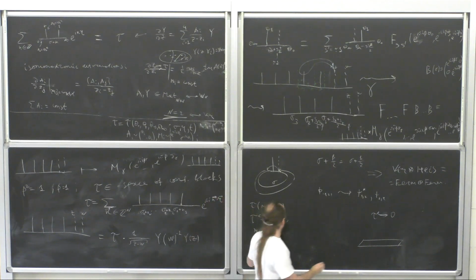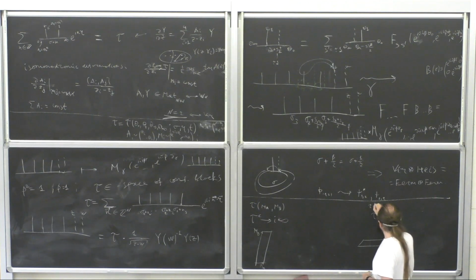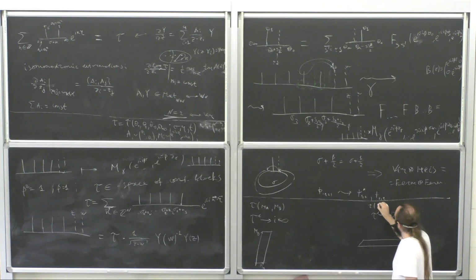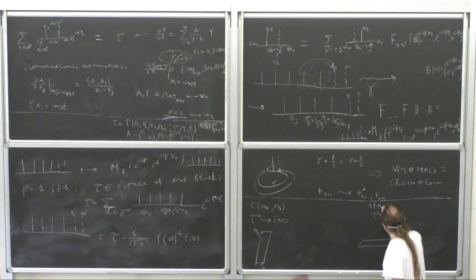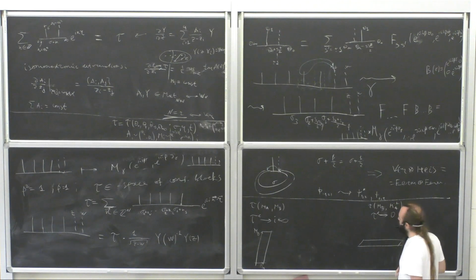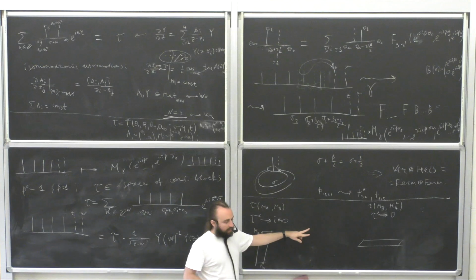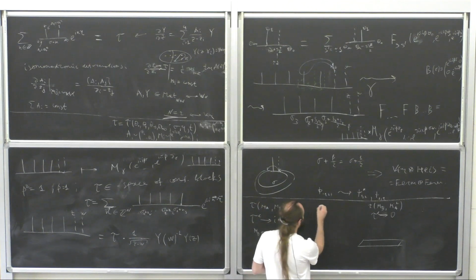And here we have a tau which depends on monodromies like MB, MA inverse. And we can say that now this transformation is something like this.